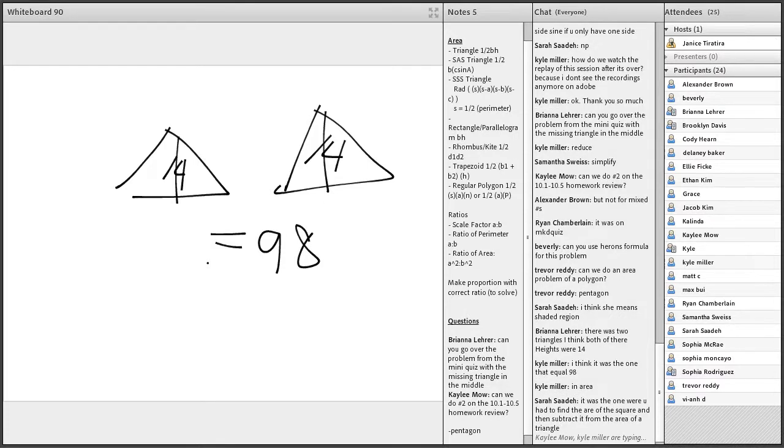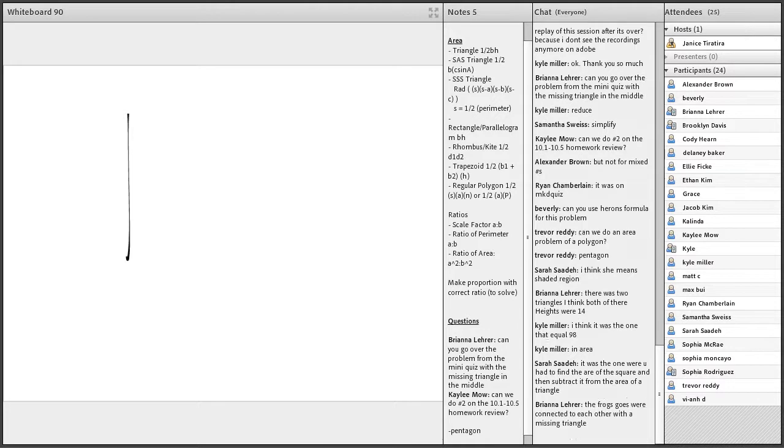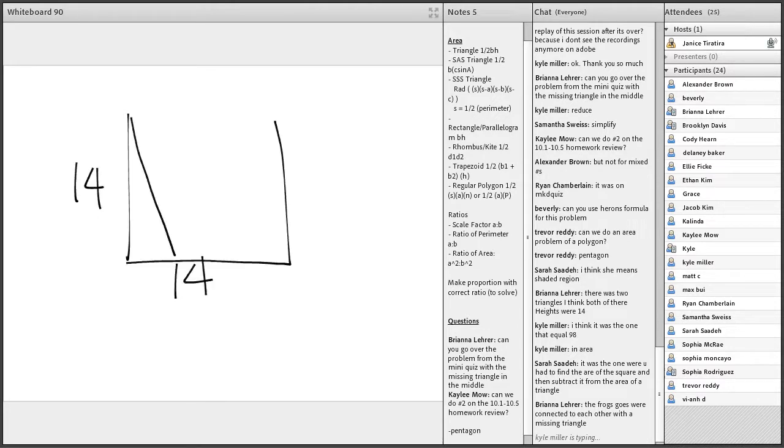Still a little lost. Had to find the area of the square and then subtract the area of the triangle. Oh, I get ya. Yes, okay, thank you. So it was kind of like this, I think, right?